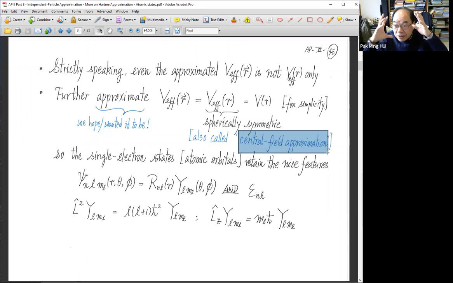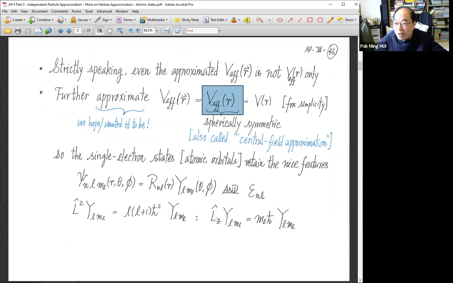Then after you have these single electron equations, it is our wishful thinking, at least we want to approximate this into that. Why? Because once we know this, we know the form of the solutions. Central force, single electron, we know the properties of the solutions.